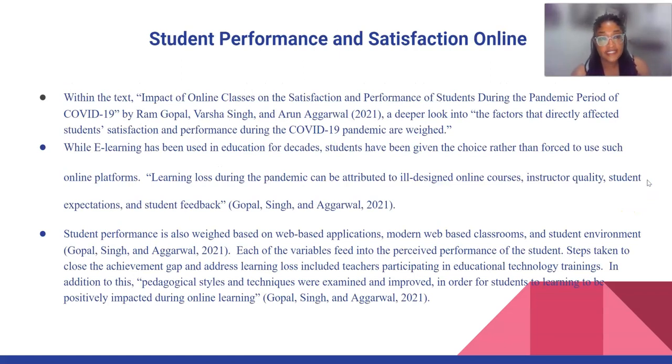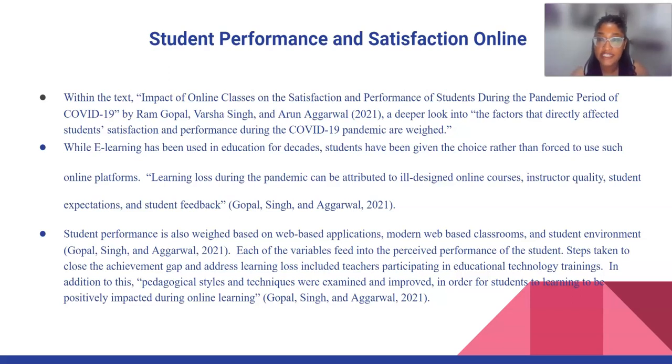Student performance and satisfaction online. Within the text, impact of online classes on the satisfaction and performance of students during the pandemic period of COVID-19 by Ram Gopal, Varsha Singh, and Arun Agarwal, 2021 research, a deeper look into the factors that directly affected student satisfaction and performance during the COVID-19 pandemic are weighed.